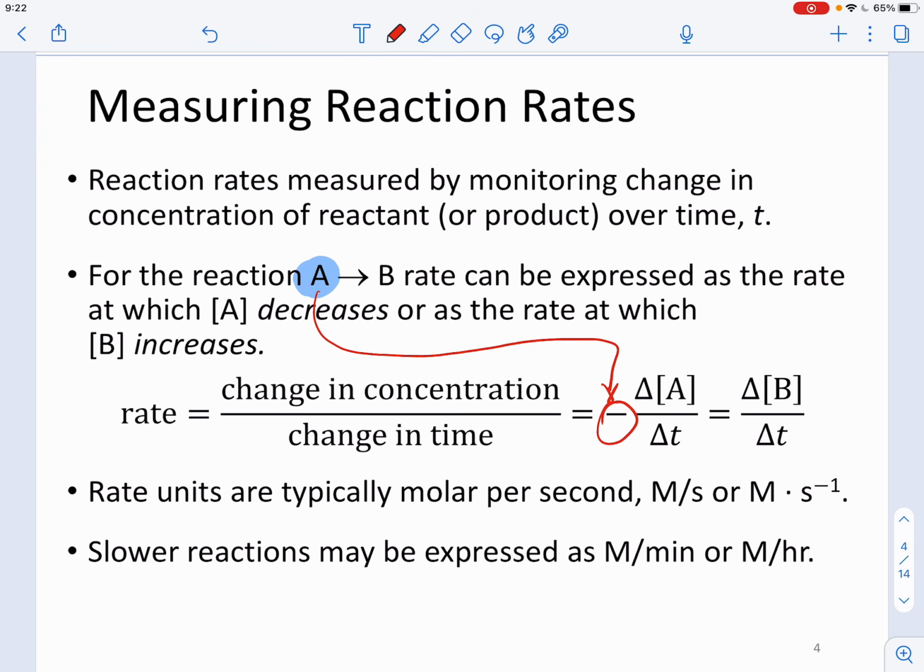Let's put it this way: if you're measuring the change in concentration by taking the final concentration and subtracting the initial concentration, because it's a reactant, the final concentration is smaller, so the difference is going to be negative, and therefore you have to multiply by a negative sign in front, so that the rate of reaction that you are determining is positive.